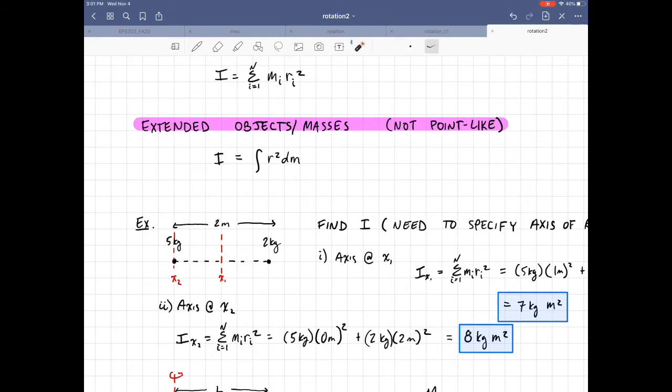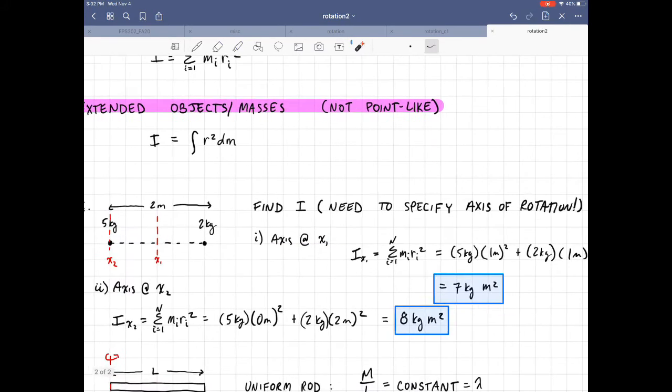I've drawn this dotted line here so we can pretend they're just connected with a massless rod or something like that. We want to figure out the moment of inertia about this location, and then also about this axis, just to show you how to do this. So let's start with axis 1.